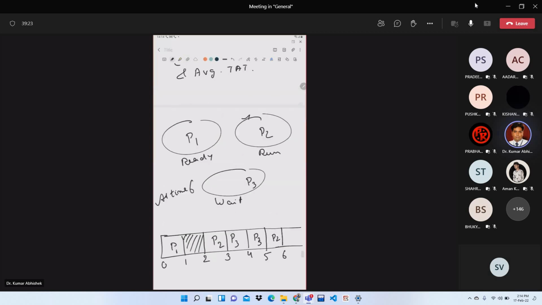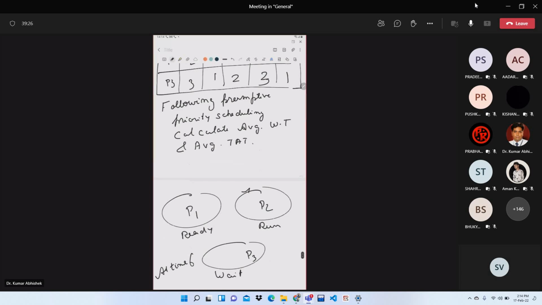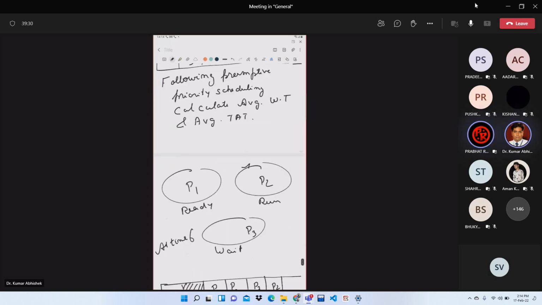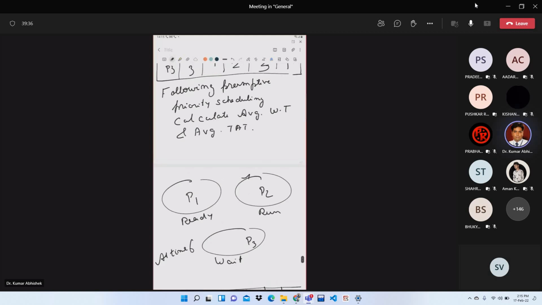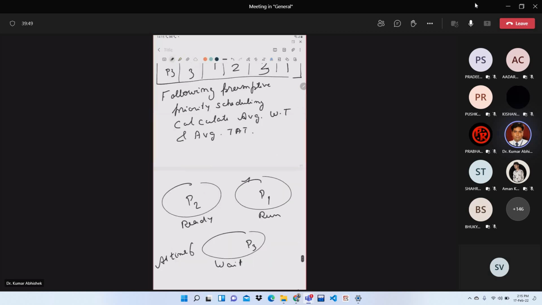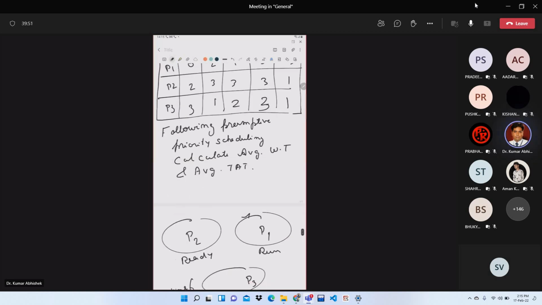Now, see the priority. P1 and P2, who has the highest priority? P1. Again, we have a change over here. So P1 will execute till 7. What happens at time 7?